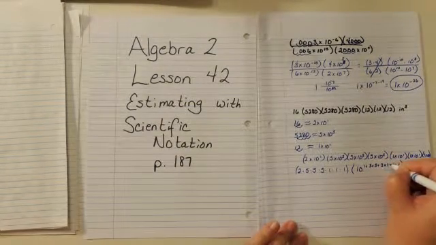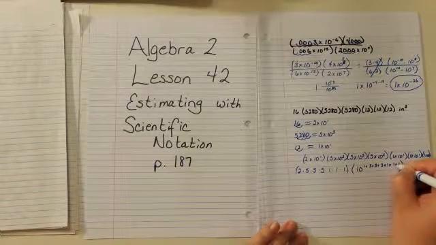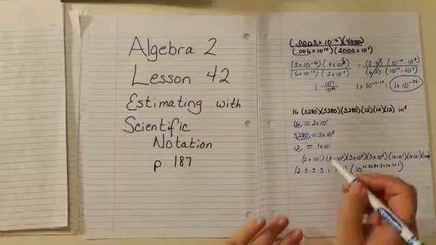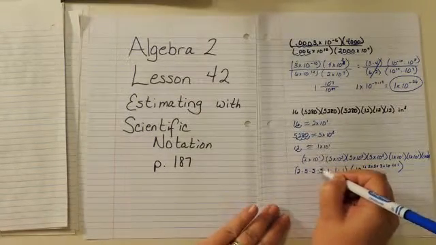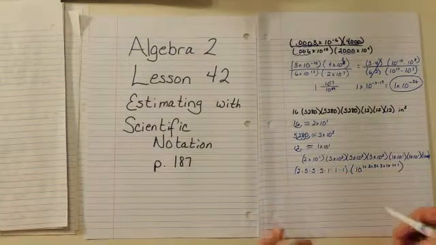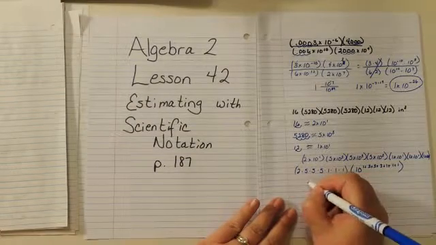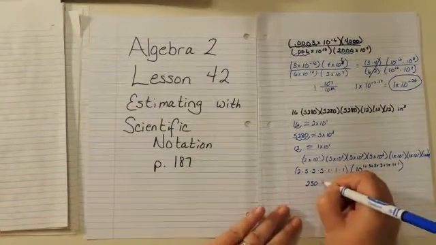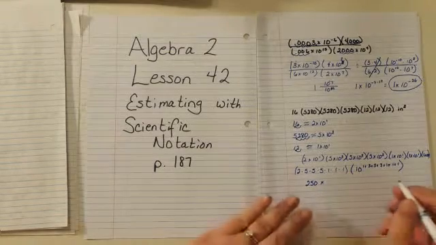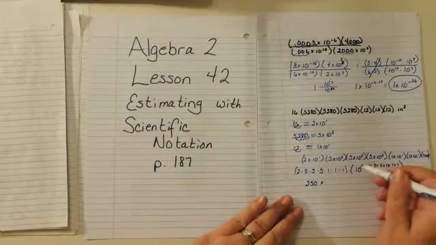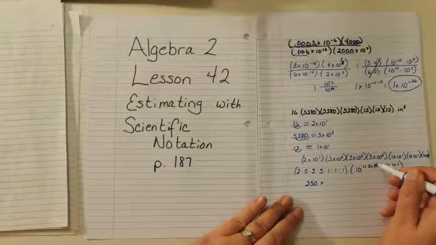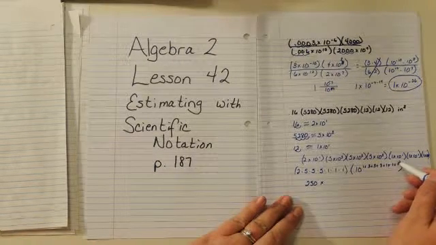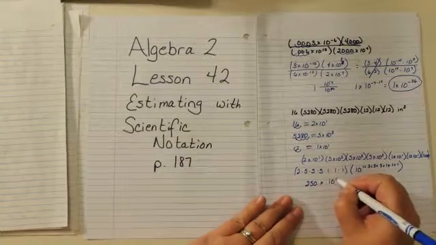So that's going to be 10 to the 1 plus 3 plus 3 plus 3 plus 1 plus 1 plus 1. Alright, let's start here. 5 times 5 times 5 is 125. Times 2 is 250. Times 1 times 1 times 1 just leaves us with 250. Times 10 to the 1 plus 3 is 4, plus 3 is 7, plus 3 is 10, plus 1 is 11, plus 1 is 12, plus 1 is 13.